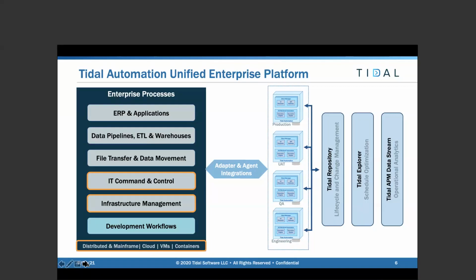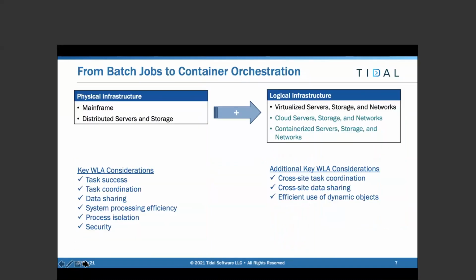So if we look at the context of scheduling today, we've really moved from batch jobs all the way to container orchestration. We've taken the journey from automation managing the physical infrastructure to automation managing the logical infrastructure.